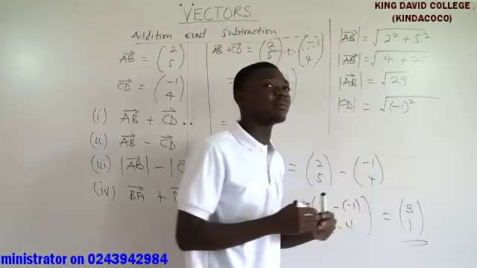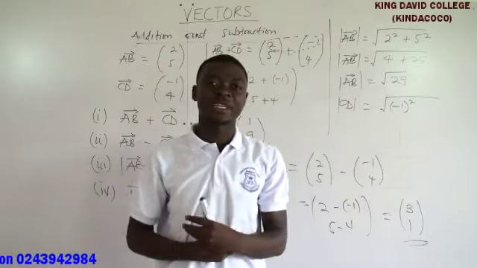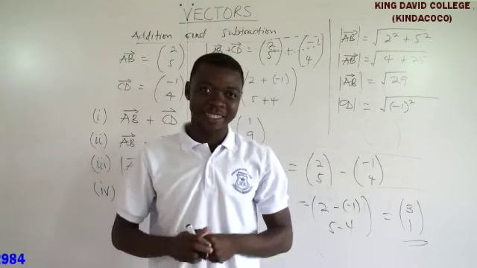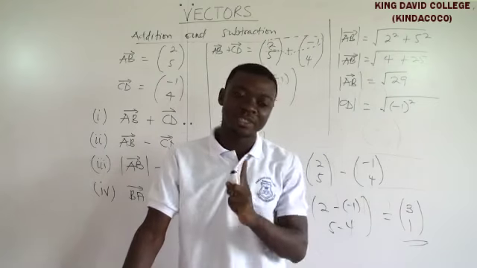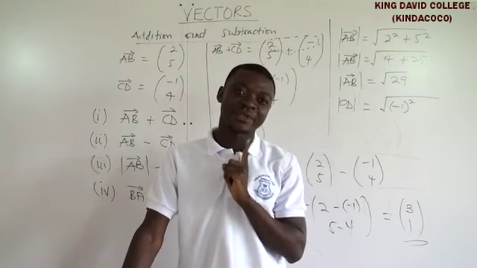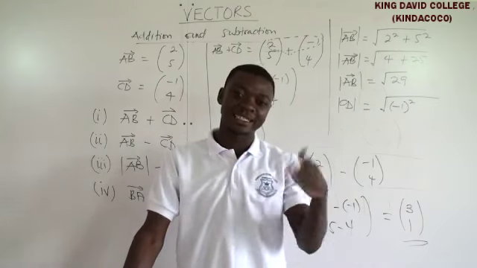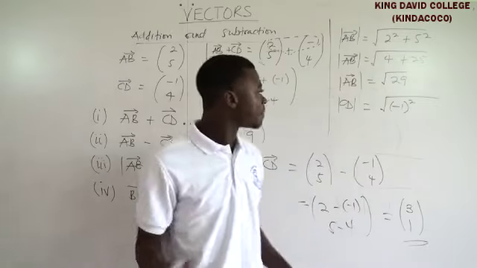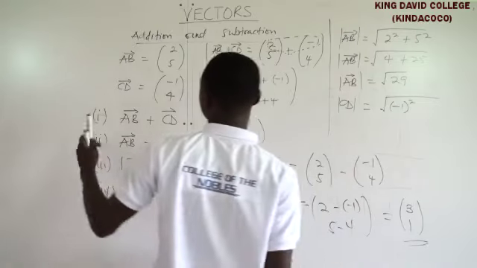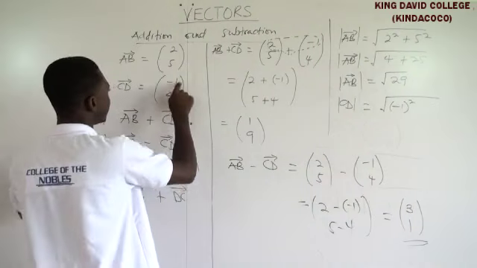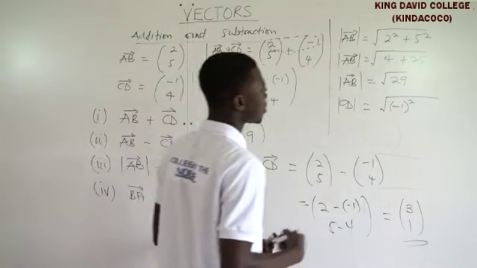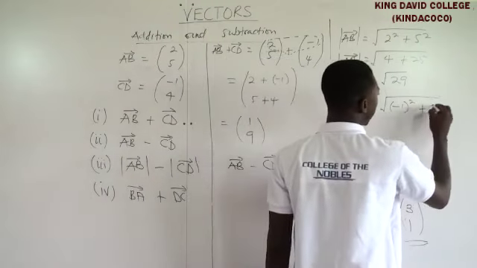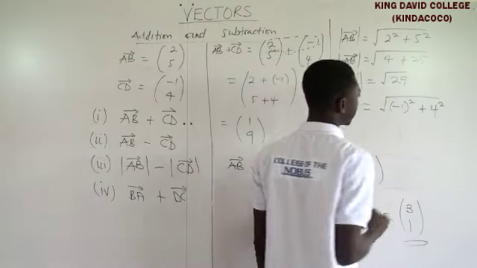We always established that before you apply a square to a negative number, it must be in a bracket. Else, if it is not in a bracket and you punch it in, you are going to get a wrong answer. I established that in our previous videos. Then the y component of CD is 4, so this one is going to be plus 4 squared.